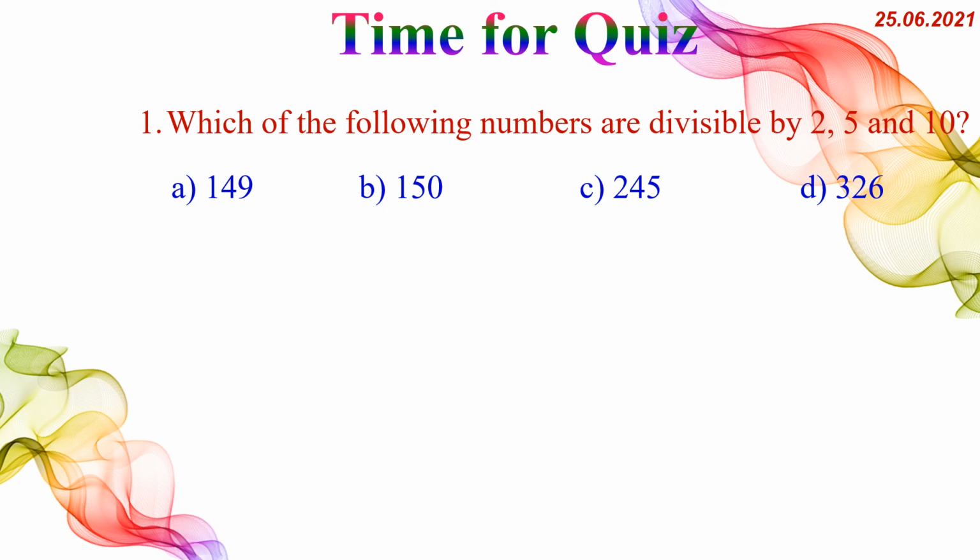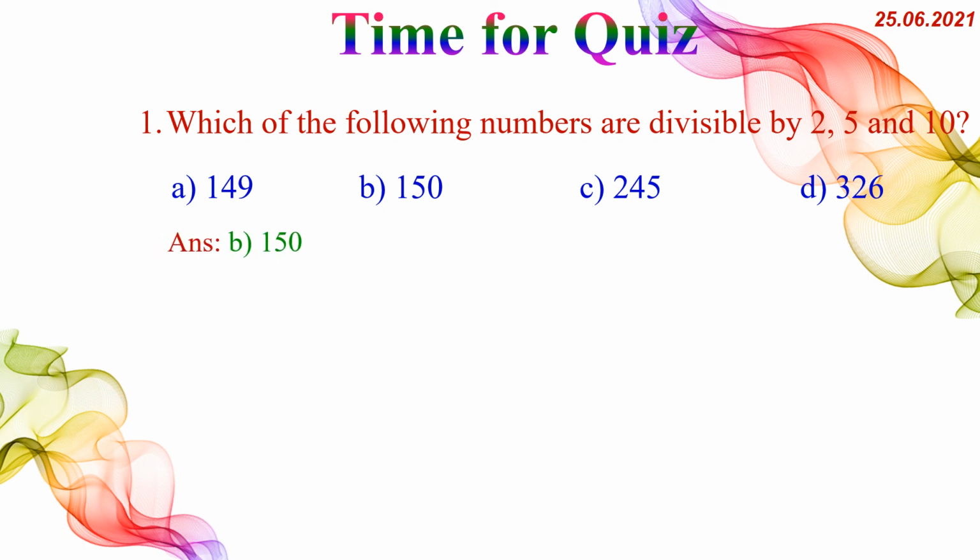Divisible by 5 means the number ends in 0 or 5. Divisible by 10 means the number ends in 0. So we need to find the number divisible by 2, 5 and 10. We can easily identify that a number ending in 0 is divisible by 2, 5 and 10.